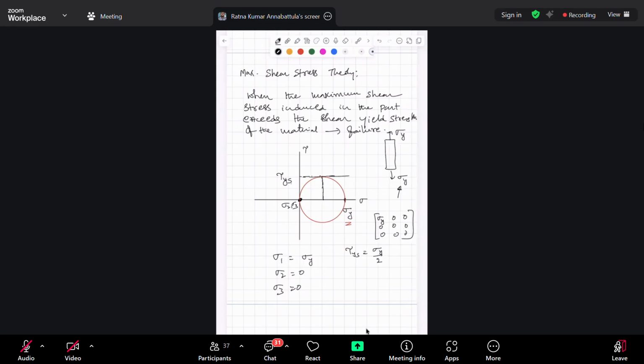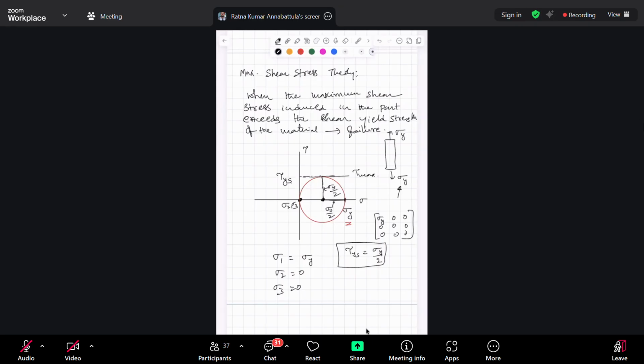Because from here to here is sigma y, this radius, and this is the center of the circle. This value is sigma y by 2, and hence this value will also be sigma y by 2. So the shear yield strength is sigma y by 2. All of you agree with this? Yes, sir. So this is my tau max, the maximum shear stress.